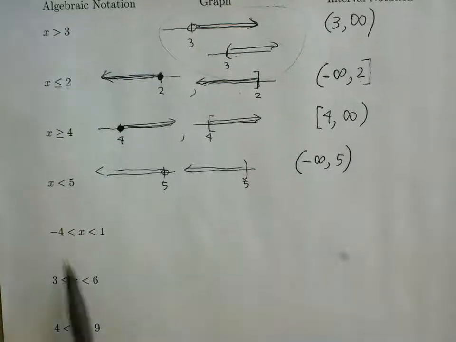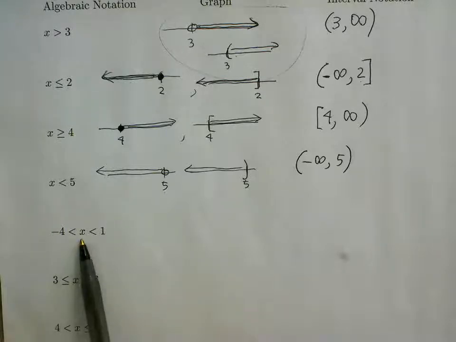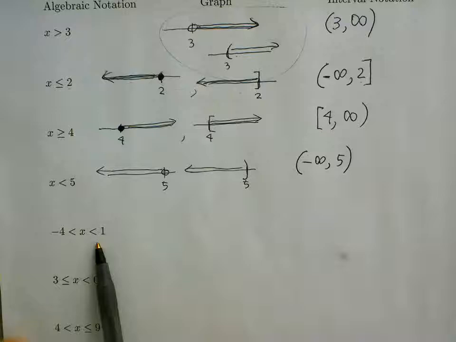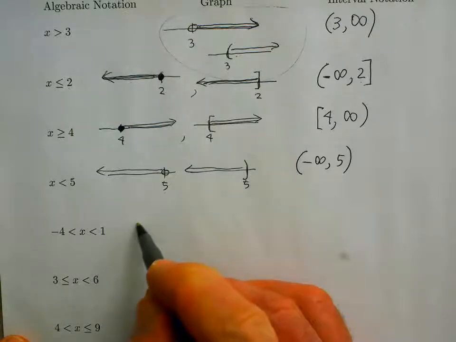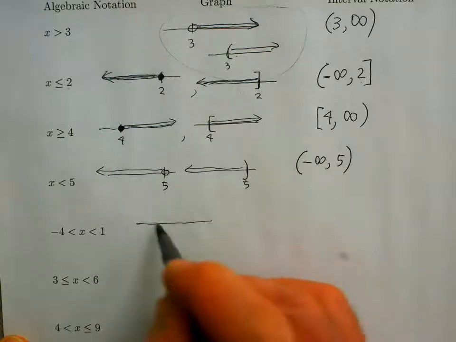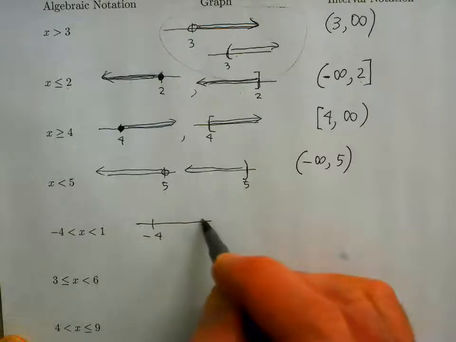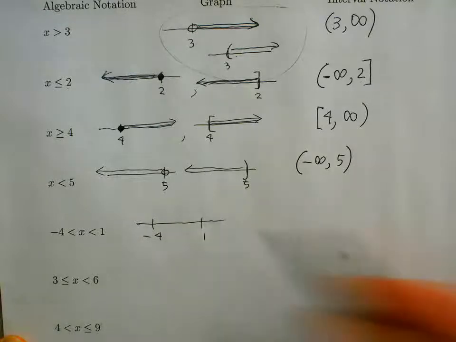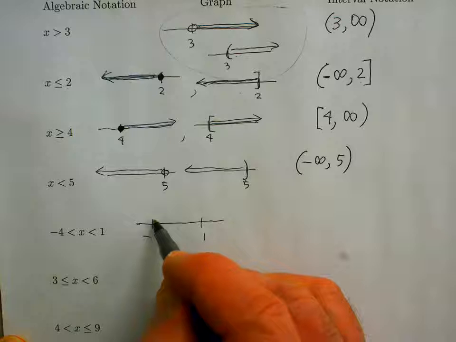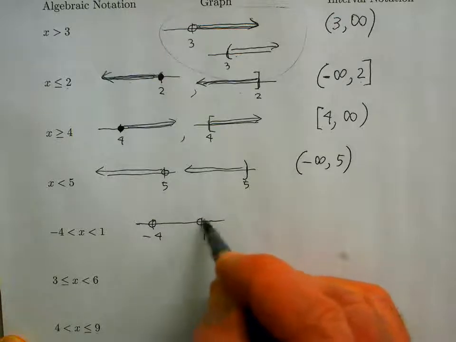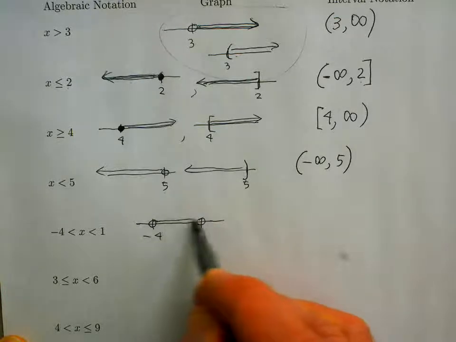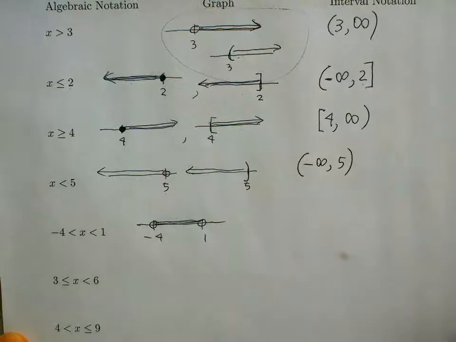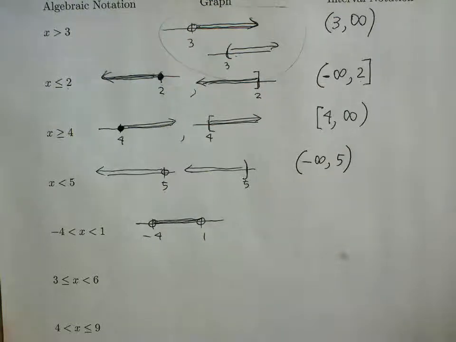Okay, the next one, -4 is less than x, and at the same time, x is less than 1. So if we plot the numbers -4 and 1, if we use the open circles, then open circles at each of the 2 endpoints and shade what's in between.